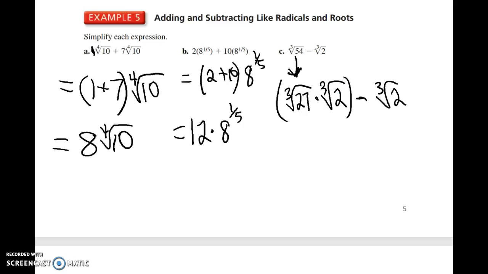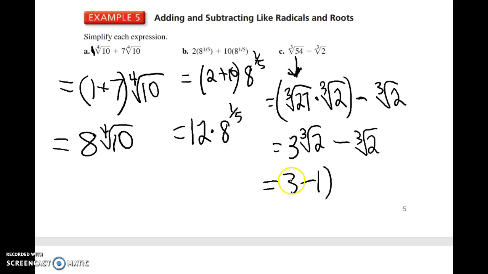Now, this is like a 1 here, and we have something in front of here. So this simplifies to be 3 cube root of 2 minus cube root of 2. And now I can pull out the 3 minus 1 times the cube root of 2 equals 2 cube root 2. And that would be our final answer.